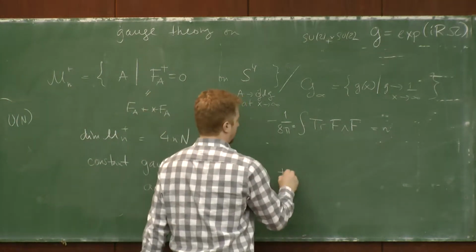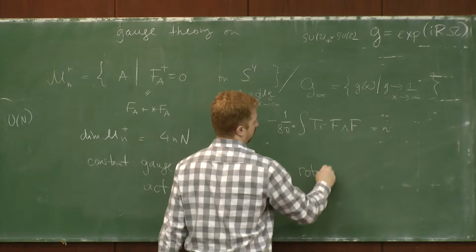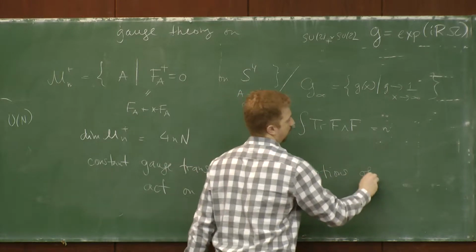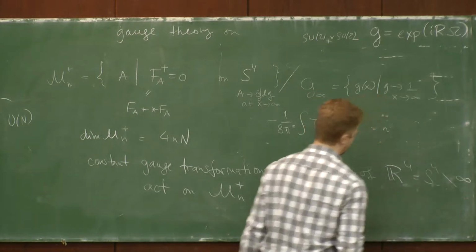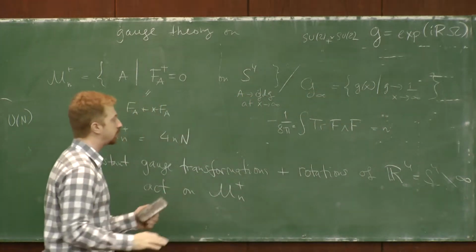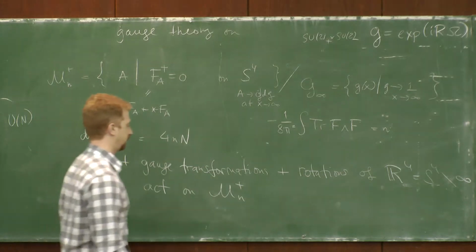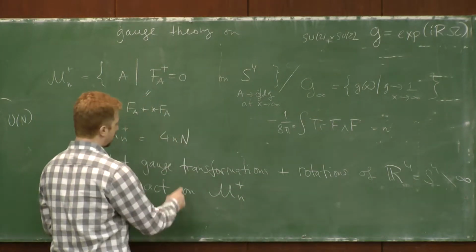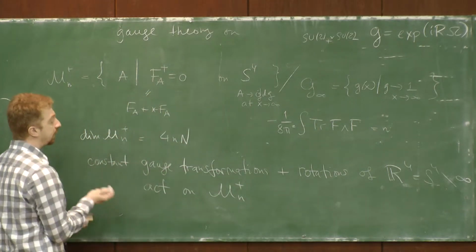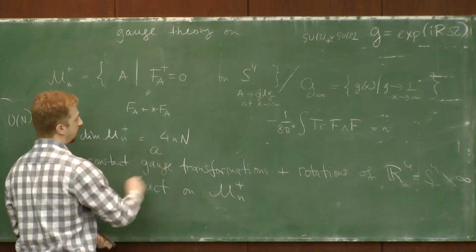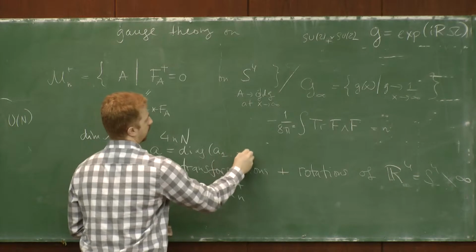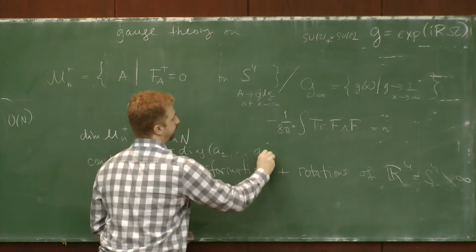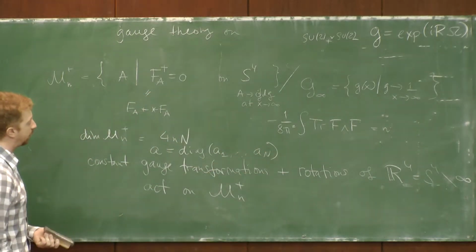And also the rotations of R4, which is S4 minus infinity, they also act. There are also translations which act, but I will not care about the translations. And so let me call the parameter of the infinitesimal gauge transformation a, which is the same a as the vacuum expectation value of the Higgs field.